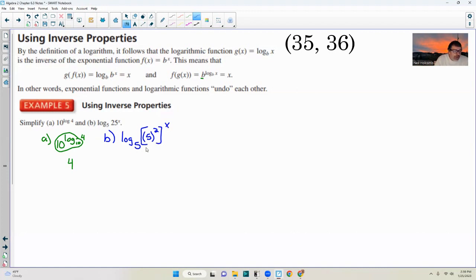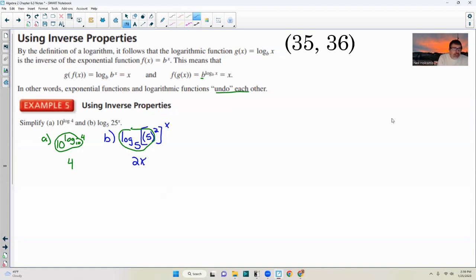So your power rules really come into play here. If you do not know what to do with the power of a power rule, you're going to struggle. The log base 5 of 5 undoes itself and goes bye-bye, and you're left with 2 to the power of x. Powers of powers get multiplied, so you get 2 times x, or simply 2x.